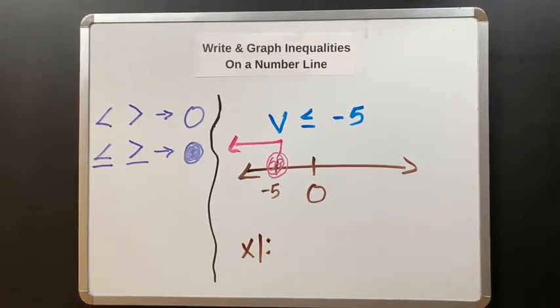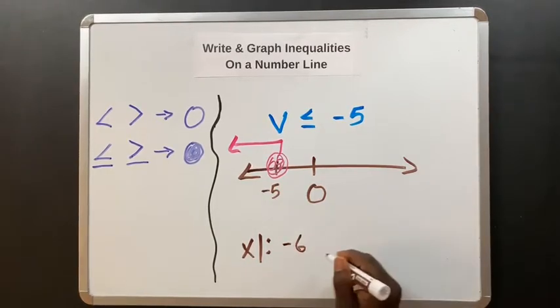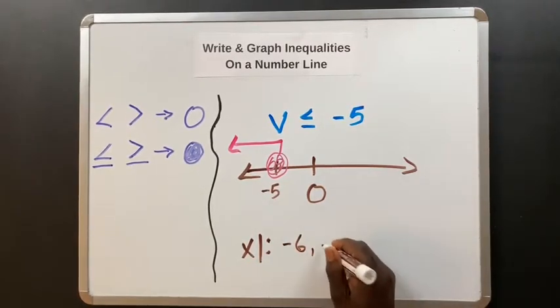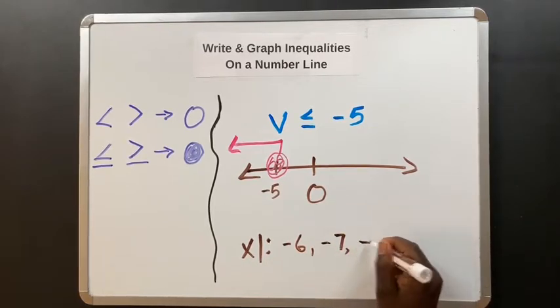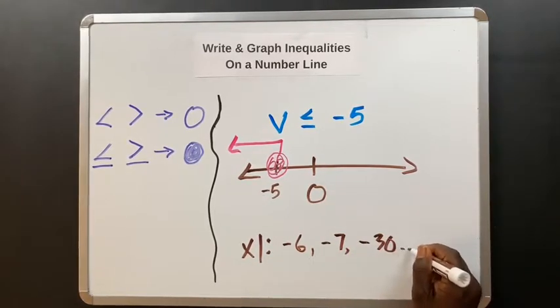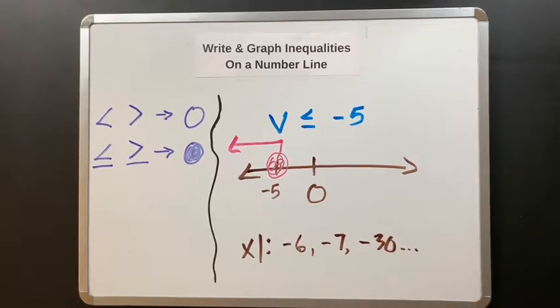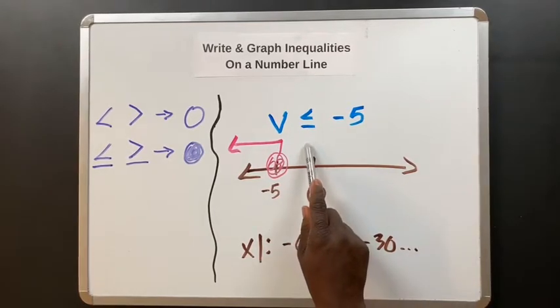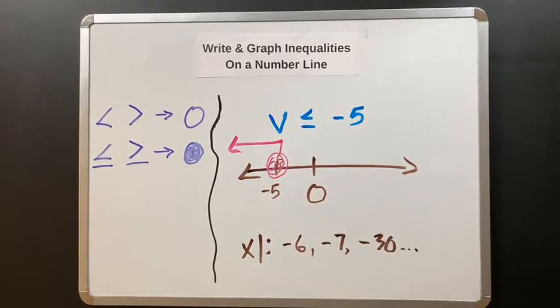Well, think of a number less than -5. Could be -6. Could be -7. Could be -30. And you could keep going. All right. So all values of V that are less than or equal to -5.